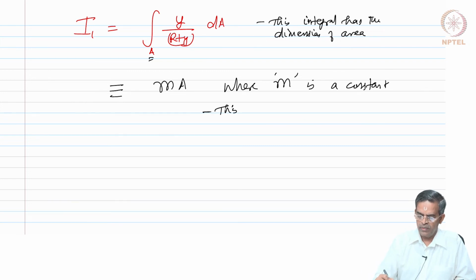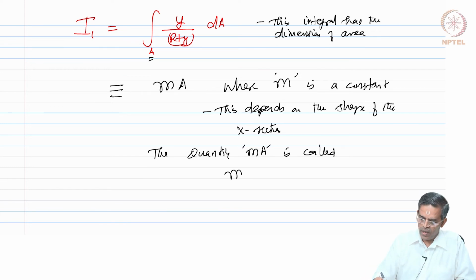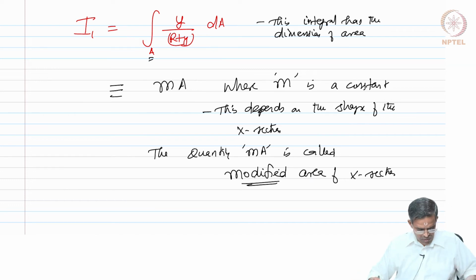This depends on the shape of the cross section. The quantity MA is called the modified area of cross section. Why modified? The original area got modified because of the application of M in a specific style, that is, M is closing the curvature.